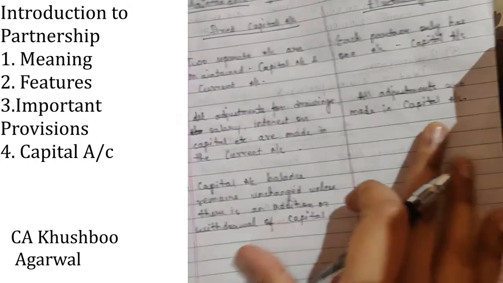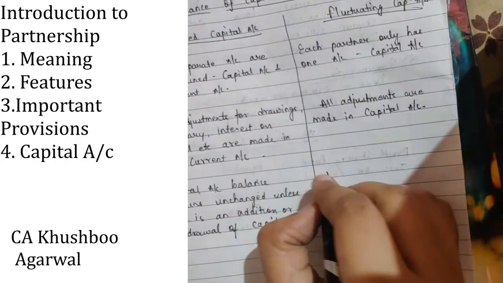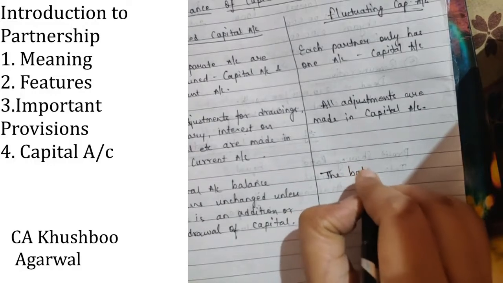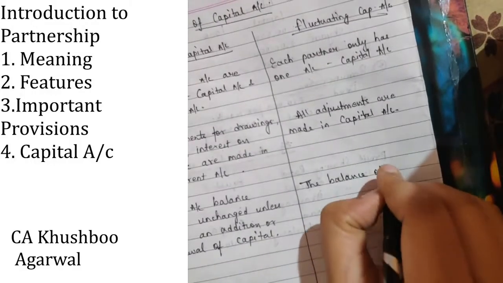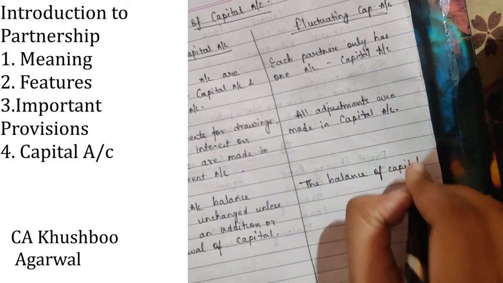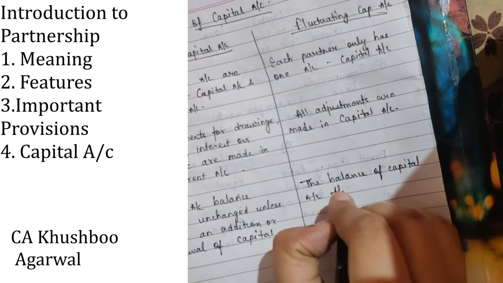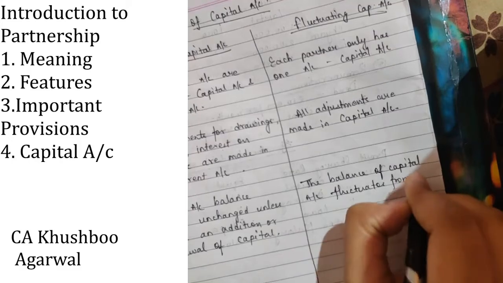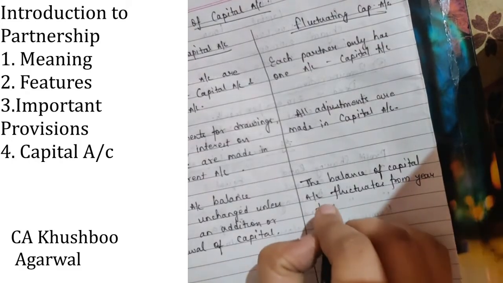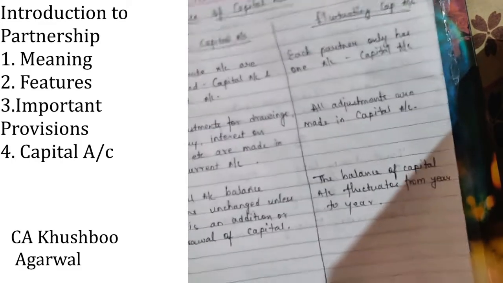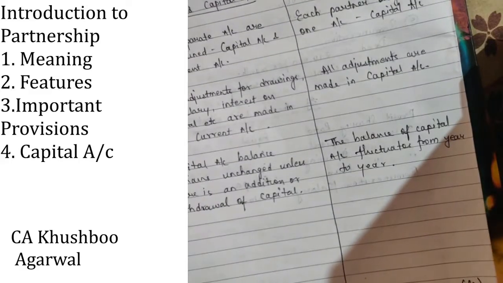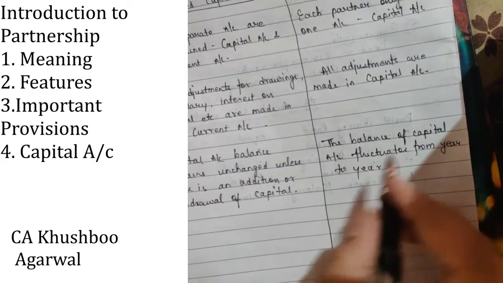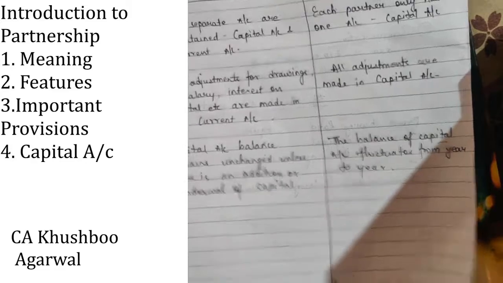But in case of fluctuating capital account, the balance of the capital account fluctuates from year to year because we account for the profit, interest on capital, etc. in the capital account itself.